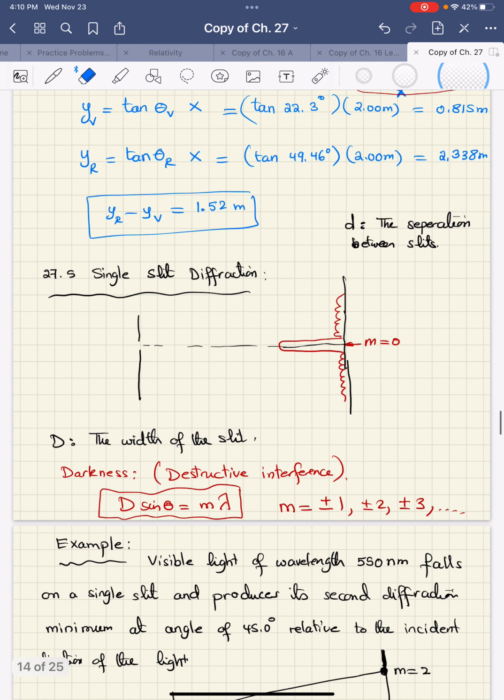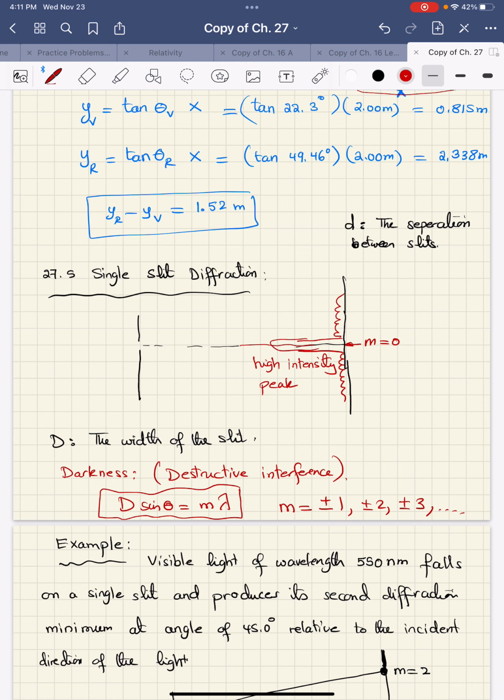Now, this is really here for the single slit diffraction. We're going to have a very sharp, high intensity peak, and the intensity is going to decrease very rapidly when we move from the central fringe.